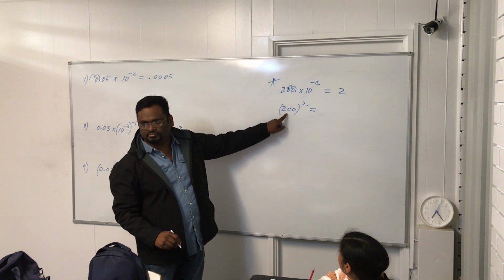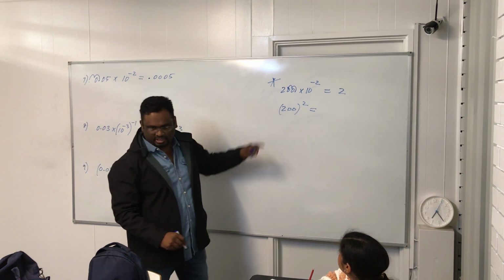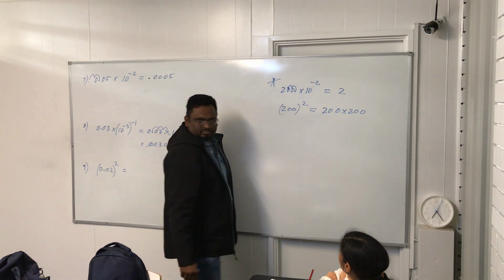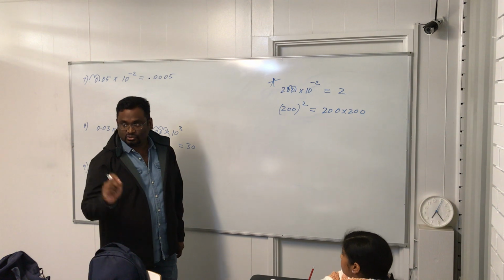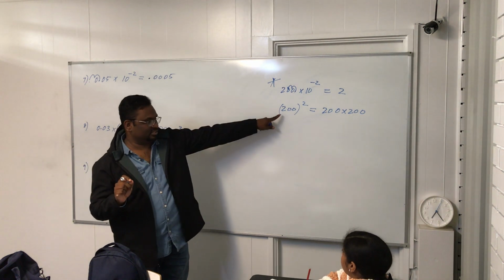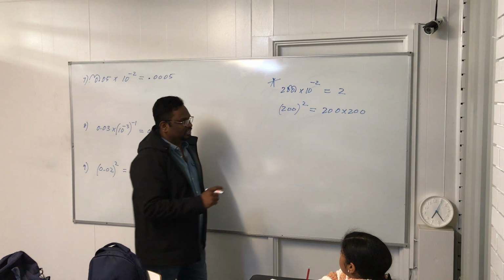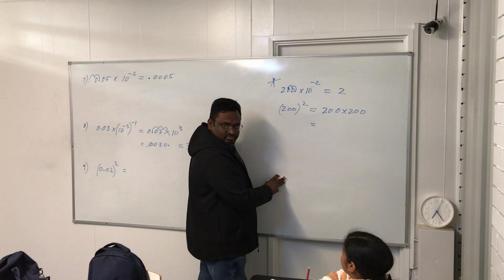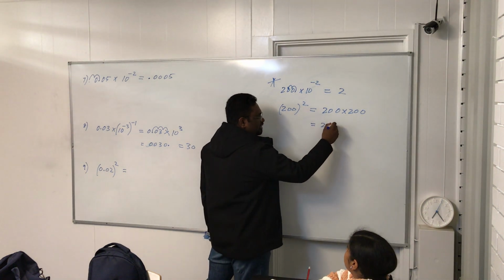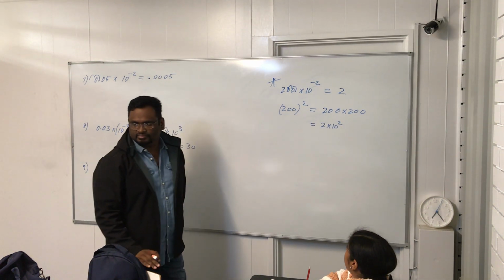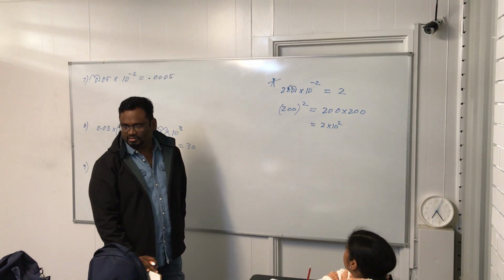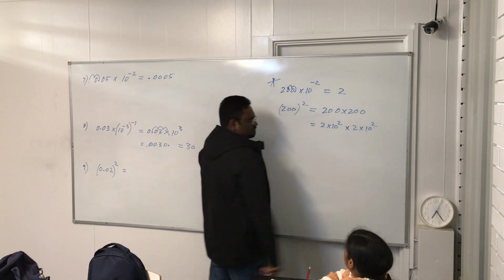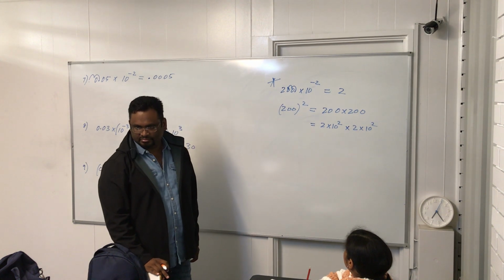What is the answer to this one? This is nothing but 200 times 200, right? Now learn how to play with this kind of stuff. I'll teach you the trick. What is 200? It's 2 times 10^2. And this 200 is also 2 times 10^2.